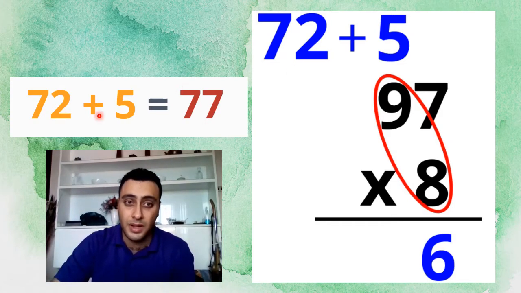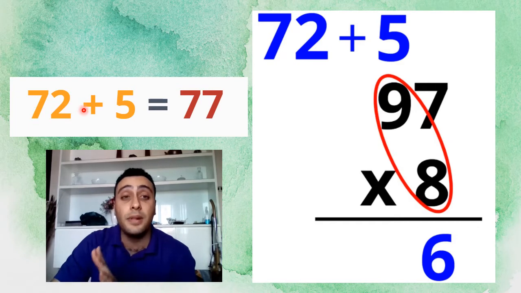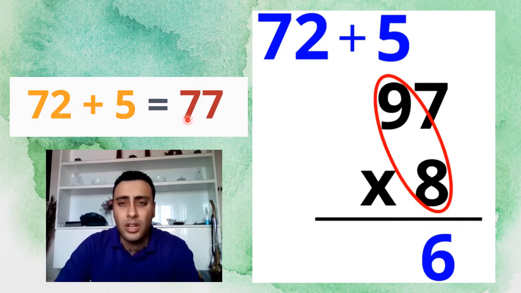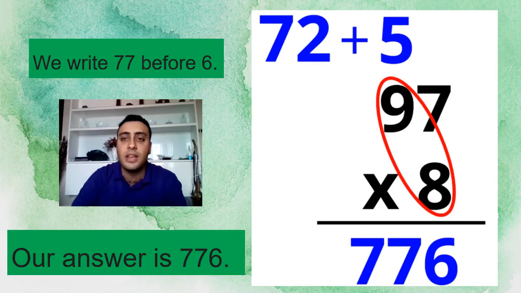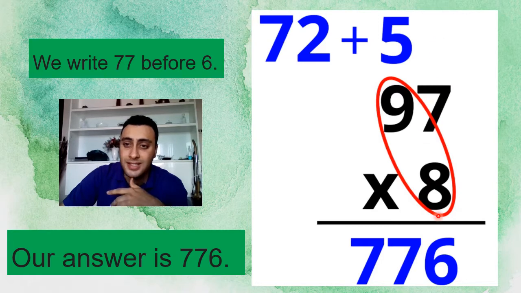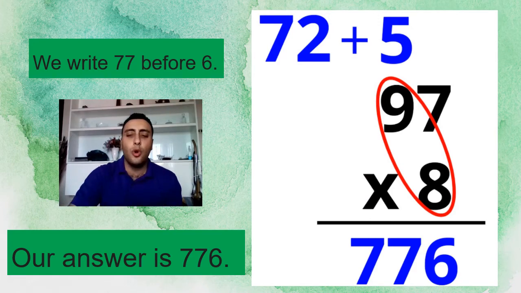So 72 plus 5 equals 77. Now what do we do with 77? Easy. Just write it down here. And you got the answer. The answer is 776. Remember, align. See, ones, tens, and hundreds. Okay? Now let's do more.